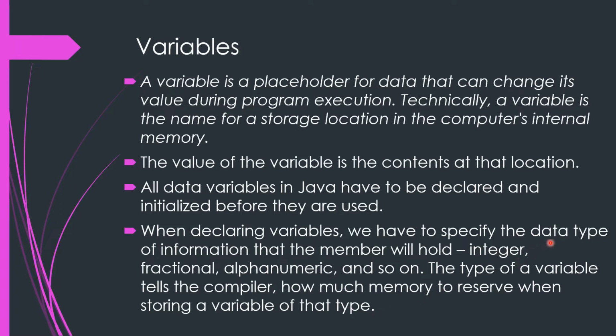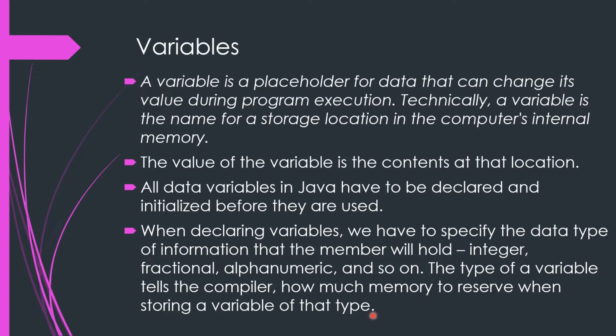How does the computer know which type of information is going to be stored in that variable? So for this purpose, we use the data type. We have to specify the data type while declaring a variable, so that the computer may know which type of variable is going to be stored, how much memory it will reserve, and how to store that variable.